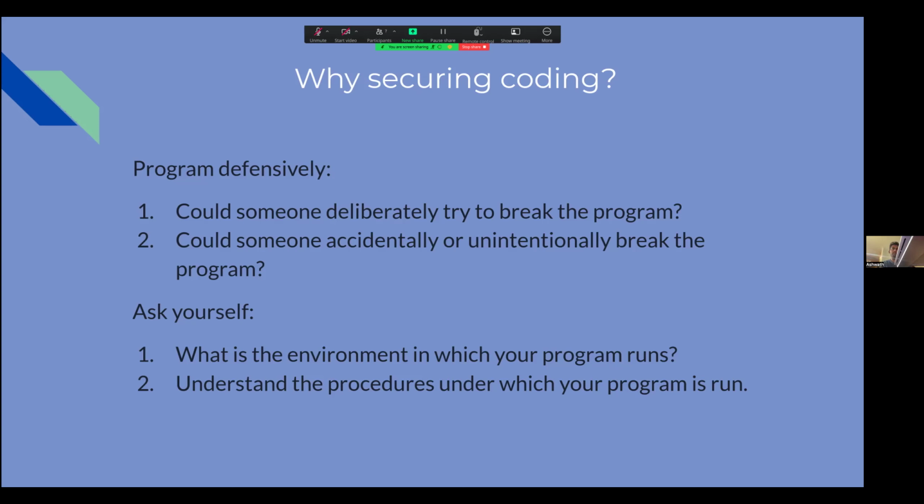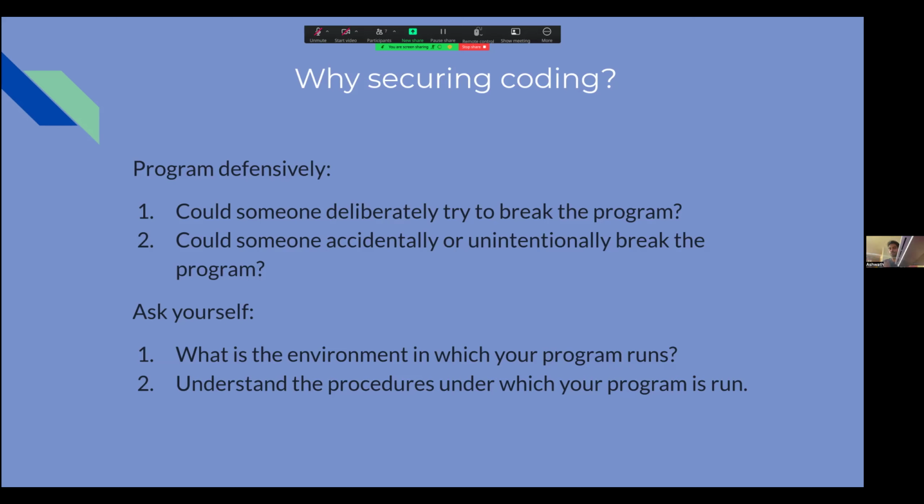Another case could be a DDoS or DoS attack, a denial of service attack, where somebody is trying to overload the system, causing it to crash or behave badly, affecting the availability of the system. And there are a lot of other scenarios as well, like privilege escalation. Could a person try to escalate the privilege given to them and try to do things that they are not supposed to?